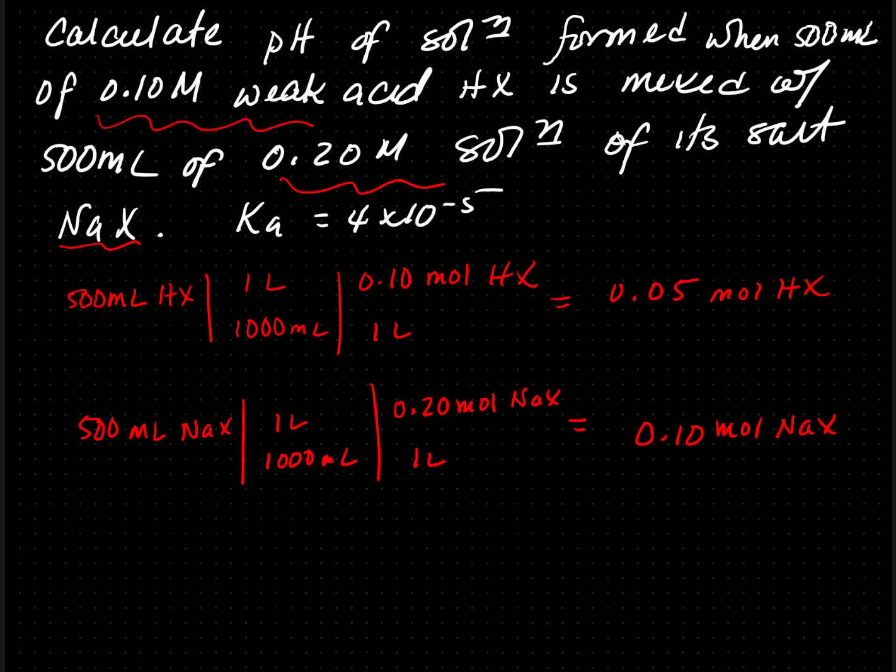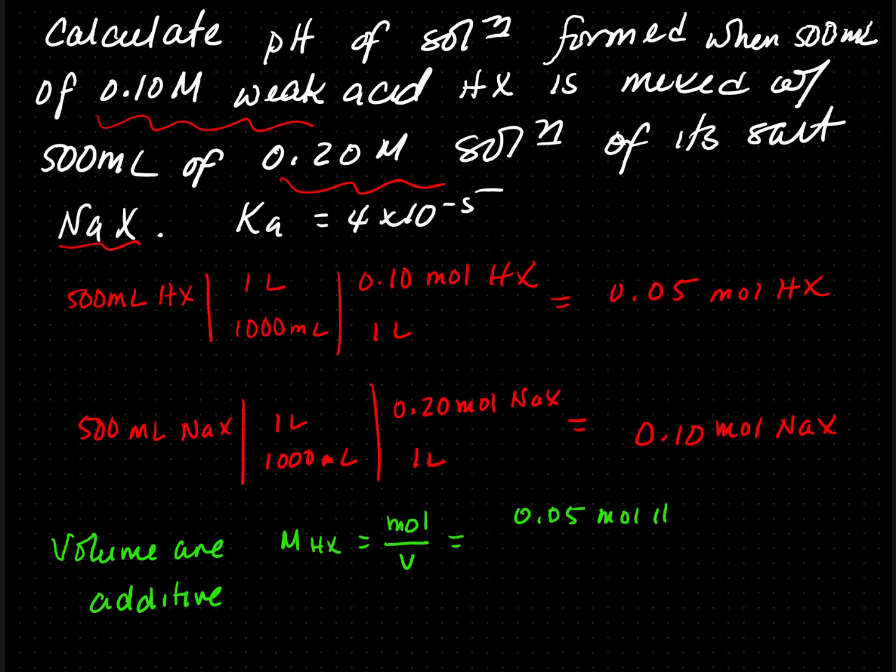So here the volumes are additive, so the new molarity of HX is going to equal the moles over the volume of solution. The moles calculated is 0.05 moles of HX divided by 500 ml plus 500 ml converted into liters. And so the concentration of HX is 0.050 molar.